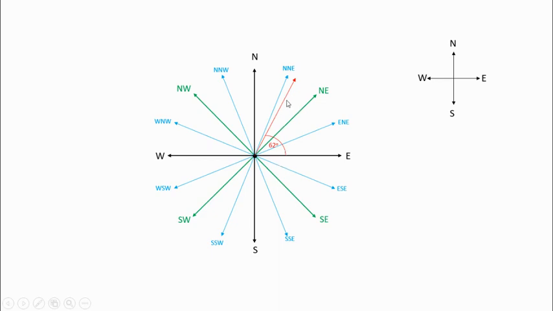So we can identify the direction of this red line here, representing a vector, as 62 degrees north of east. Meaning, if you're starting with east as your reference and move 62 degrees on the north side of east, that's where this vector is pointing. 62 degrees north of east. Of course, you could also look at it as 28 degrees east of north.